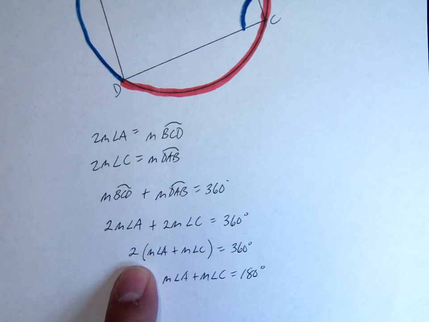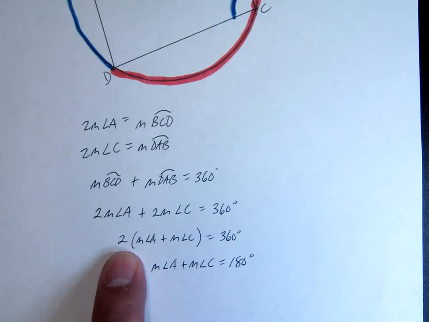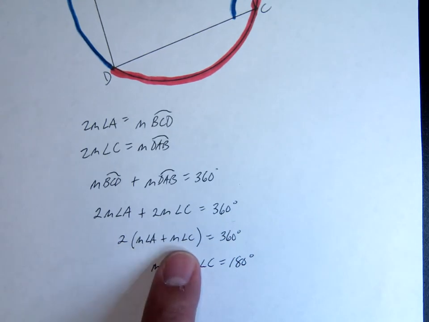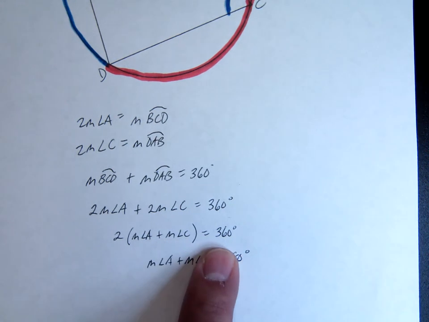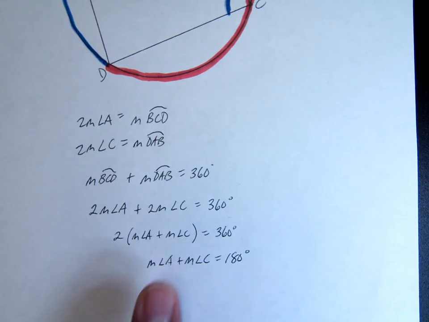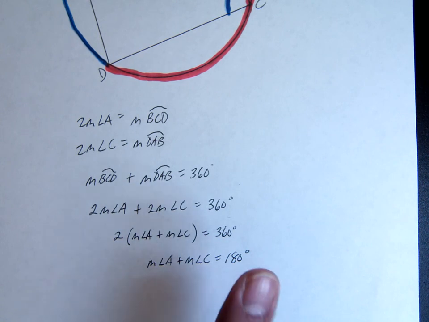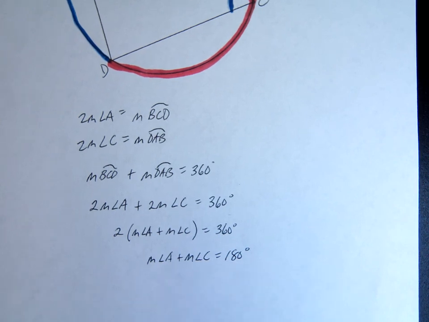I factored out a 2, so now I have 2 times the measure of angle A plus the measure of angle C is equal to 360. Divide both sides by 2, and I get that the measure of angle A plus the measure of angle C is equal to 180 degrees. So I can do the same thing with angle B and angle D. And so we've just shown that if I have a quadrilateral inscribed in a circle, my opposite angles are supplementary.